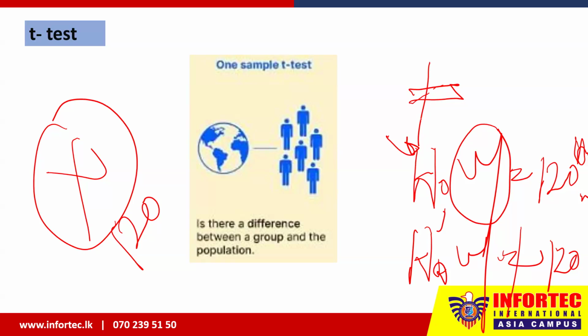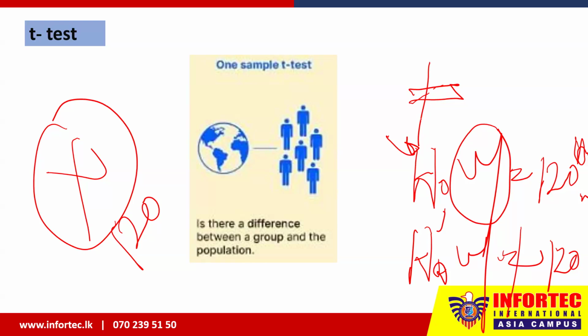Your null hypothesis is there is no difference between the mean systolic blood pressure level of individuals in clinic X and the normal systolic blood pressure level. Then the alternative hypothesis is there is a statistically significant difference between the mean systolic blood pressure level of the individuals in clinic X and the normal systolic blood pressure level.